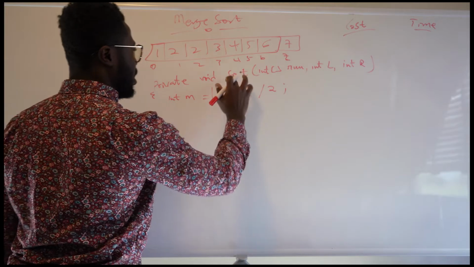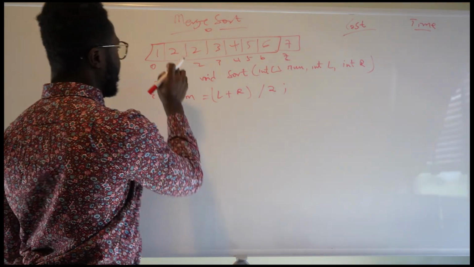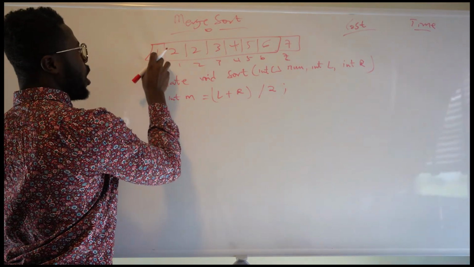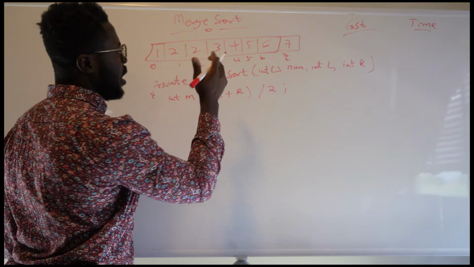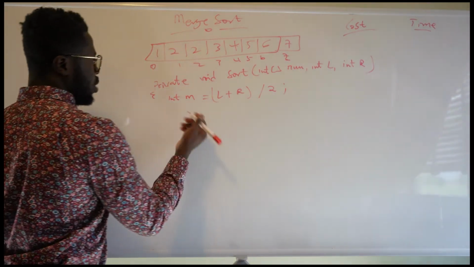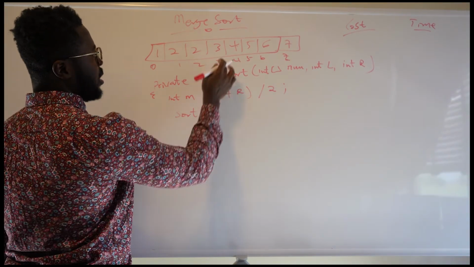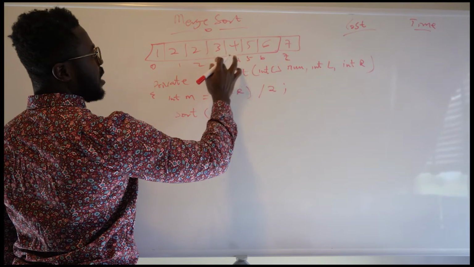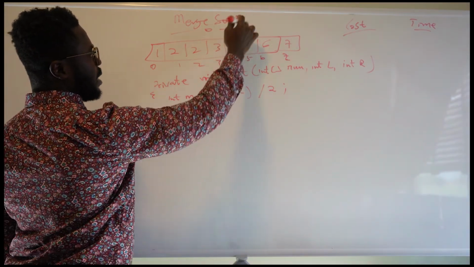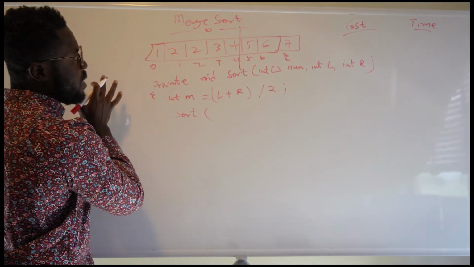You are going to keep recursively calling this sort until you get to the situation where you cannot find a midpoint again. So you call the sort, and once we divide this, we get 3.5, so we get two pieces, this piece and that piece.